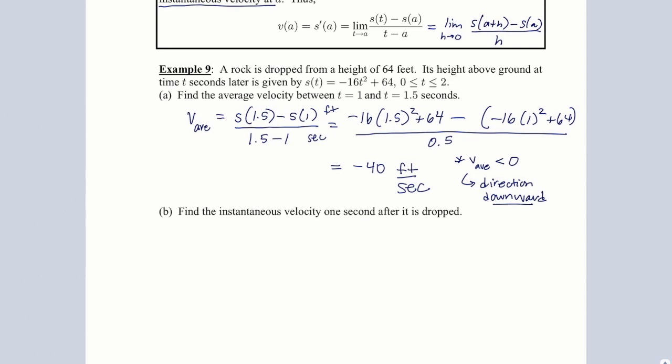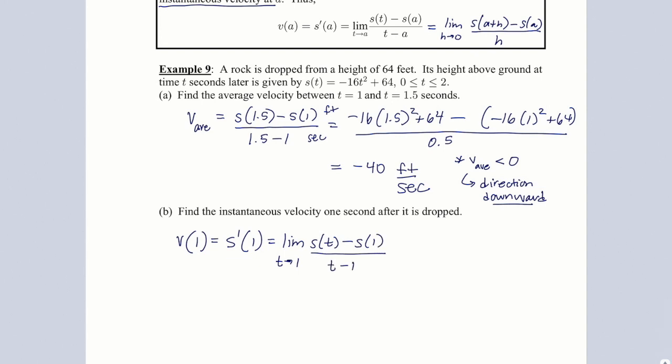Then we're asked to find the instantaneous velocity 1 second after it's dropped, and that we would label as just the velocity at 1 second, and that's the derivative of the position at 1 second. And let's use the limit as t approaches 1, s of t minus s of 1 over t minus 1.